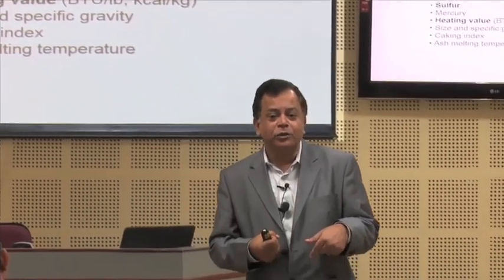So, we have to supply some source of calcium, magnesium, so that I make calcium silicate, magnesium silicate. That is why we also add limestone, dolomite, as a source of calcium and magnesium to convert my impurities into slag. So, coming back to this point, that is why I have described it.